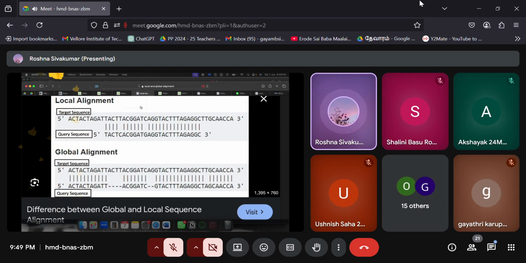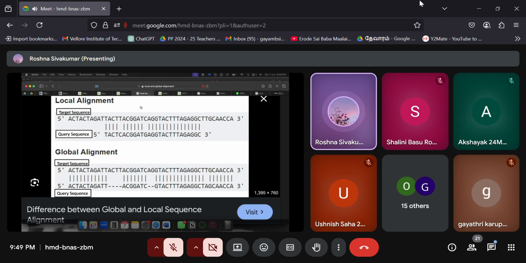In local alignment, what happens is you try to get the best sort of alignment. But in global alignment, you align both the sequences end to end. If you can see, in local alignment the 5 prime is starting from somewhere in the middle, but in global, it is made sure that both the ends start and are completely aligned. You cannot start in the middle to get the best possible sequence. You have to make sure the entire lengths of both the sequences are covered.